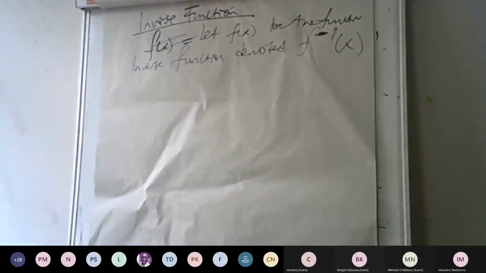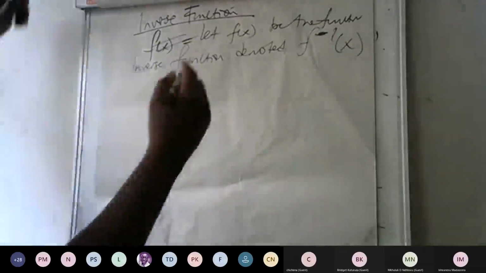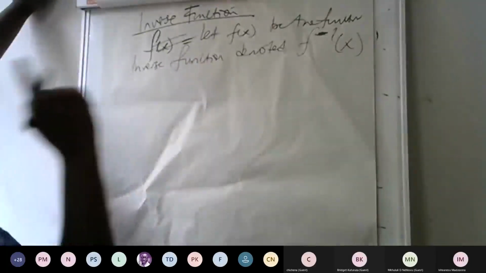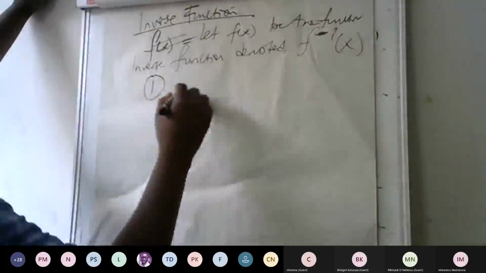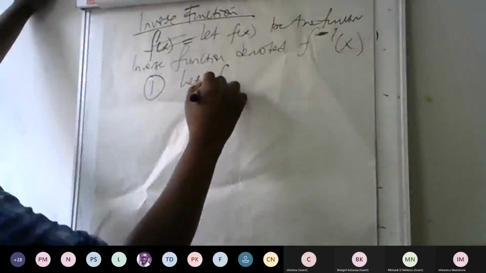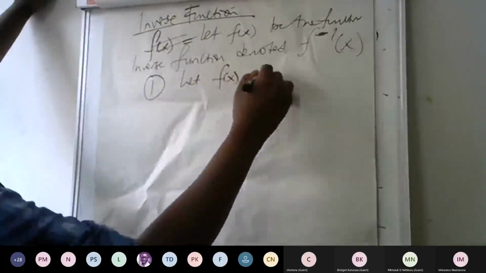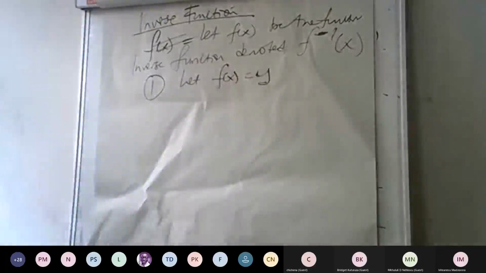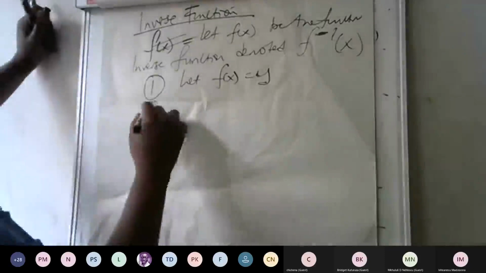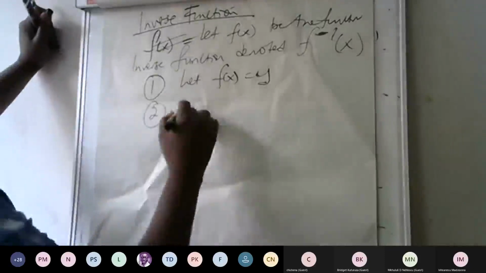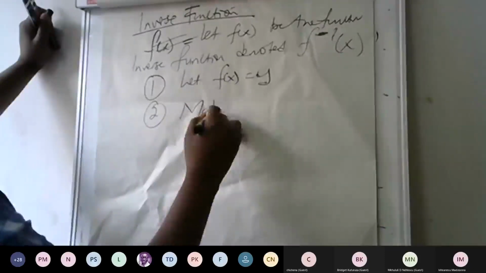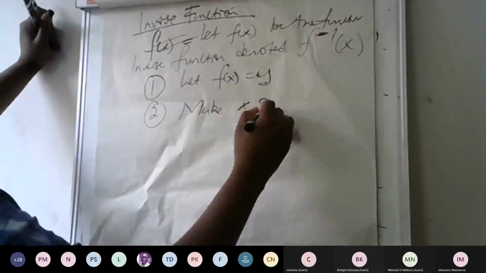The inverse function has a series of steps that you want to know if you are going to find it. Number one, you let f of x be equal to y. Number two, you make x the subject of the formula.